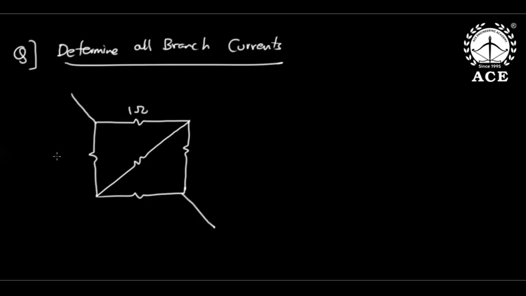This is 1 ohm, 2 ohm, 3 ohm, 4 ohm, 5 ohm, and this is actually 6 amps. It is connected to some part of a network, but yes, determine all the branch currents.